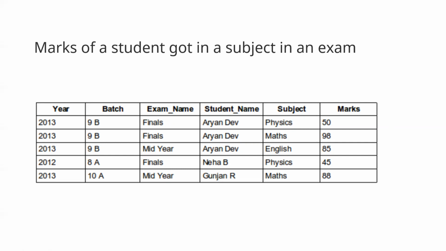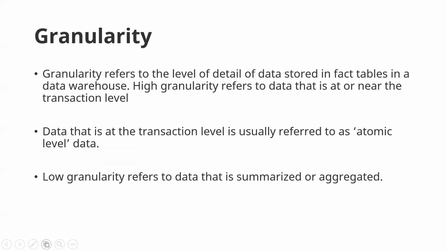So with grouping or any kind of aggregation, what we have learned in Python as well as in SQL, we can change the grain of a particular fact table. Whatever granularity level the data team or the visualization team wants, we need to prepare the fact table data that way. So that is called granularity.